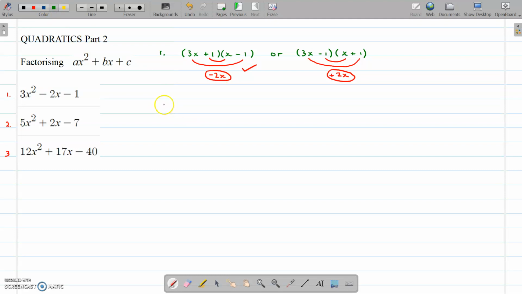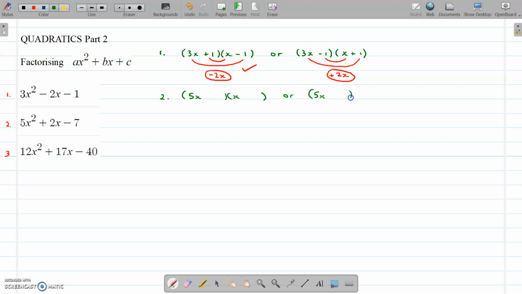So in question 2, we're going to start with recognizing that 5 is a prime number. So it's going to be 5x times something beginning with x, and that can happen in 4 different ways, as you'll find out in a moment.